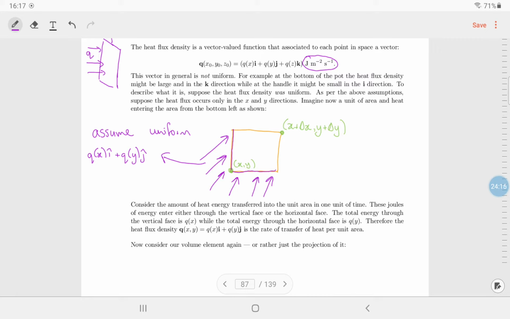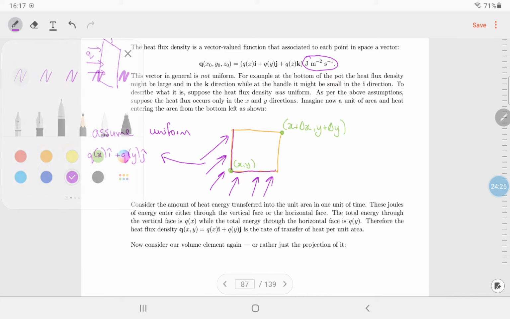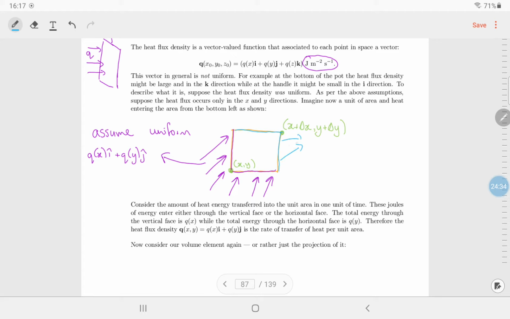So what does that vector mean? Well, it says how much it's flowing in the x, how much it's flowing in the y, and we're saying that it's basically the same. And then for the other face, that's the in face, and this is the out face. The out could be going in all different directions. But because the thing is assumed so small, we're going to assume that all those arrows are the same as this point here.